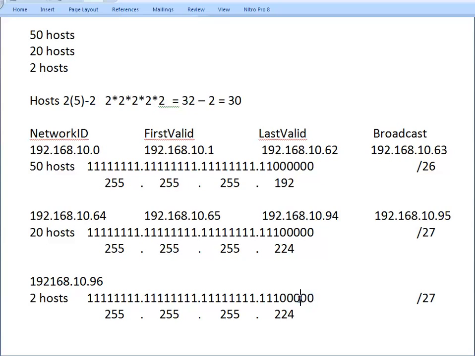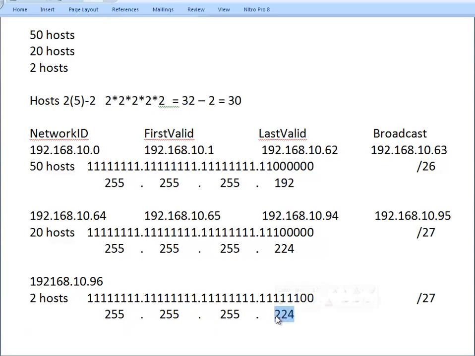For the hosts, it's 2 to the power n minus 2. If we leave just 2 zeros, the formula will be 2 times 2, which is 4, minus 2 equals 2 hosts. Okay, so yeah, we need only 2 zeros.